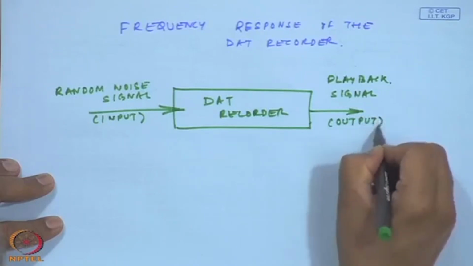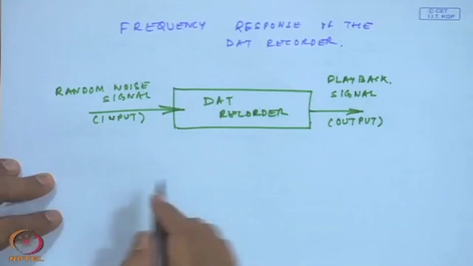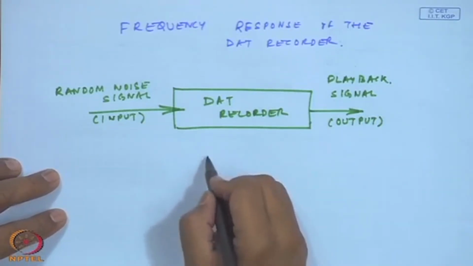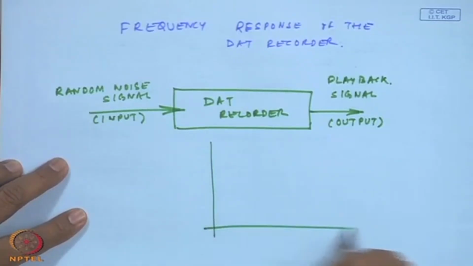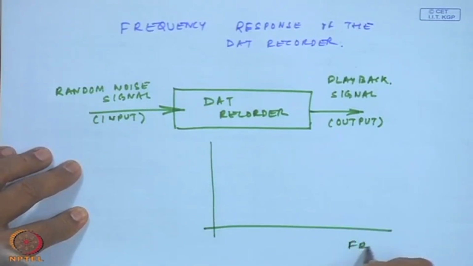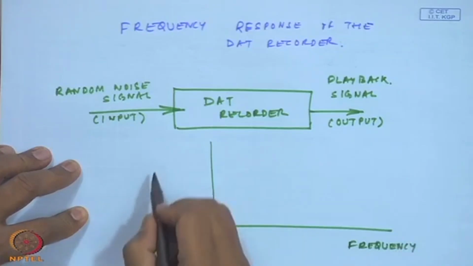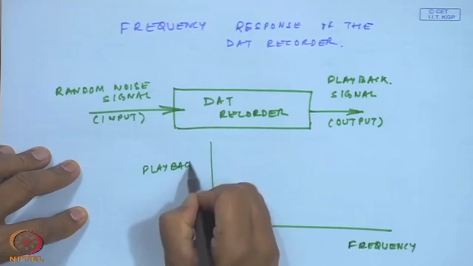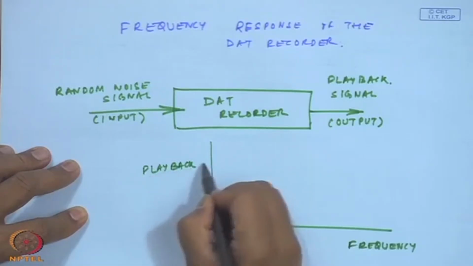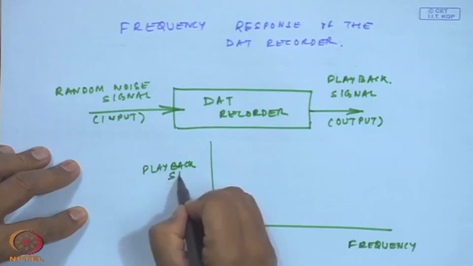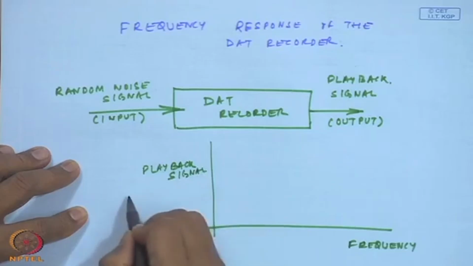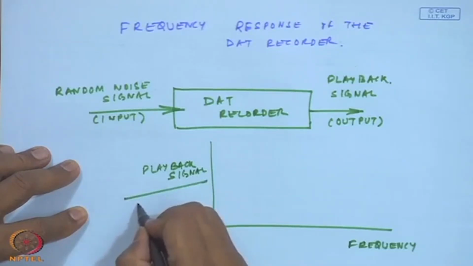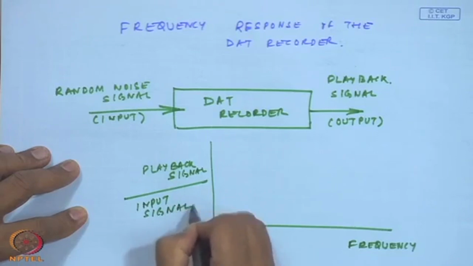Take the output signal and simultaneously plot, as a function of frequency, the playback signal divided by the input signal.